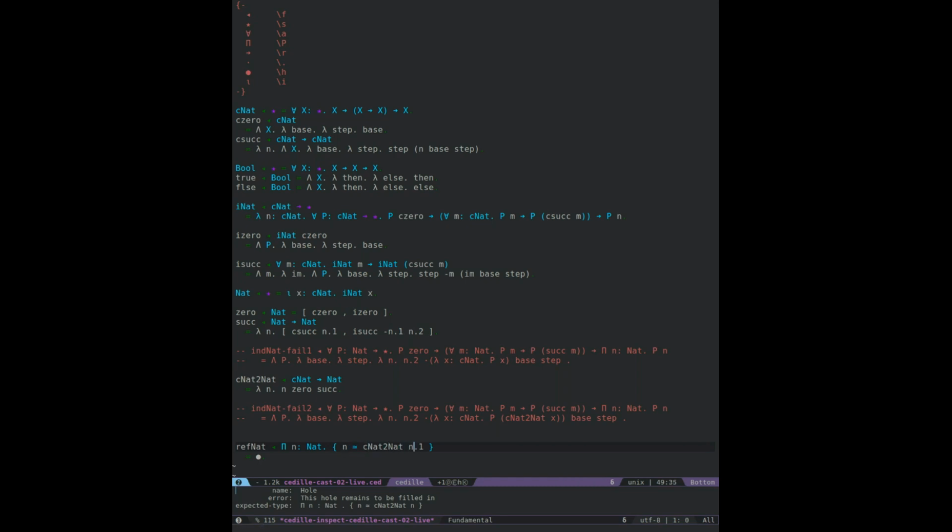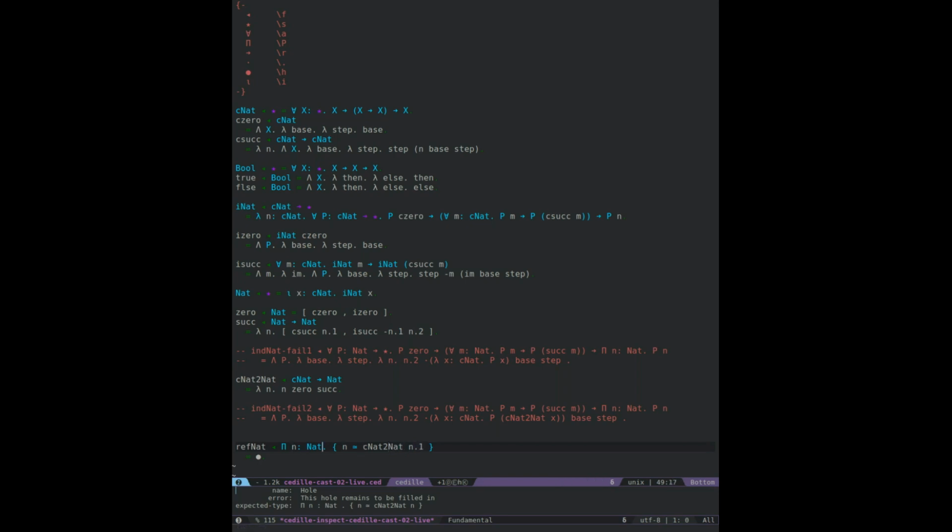And in particular, I do not need to provide the projection here in point 1, but I will do so for the aid of readability. What I'm saying here, in effect, intuitively, is that the natural number n is equivalent to CNAT2NAT applied to the CNAT that you get from n, and then CNAT2NAT will just rebuild it.